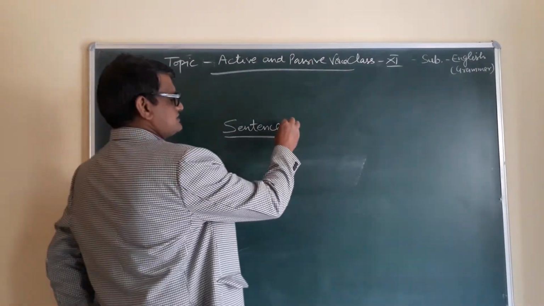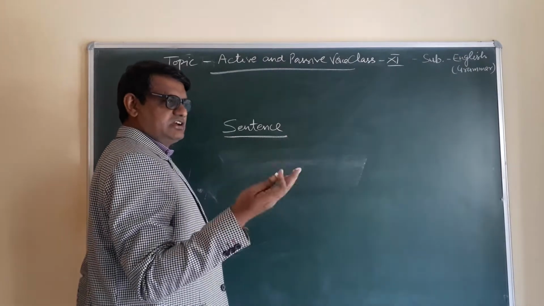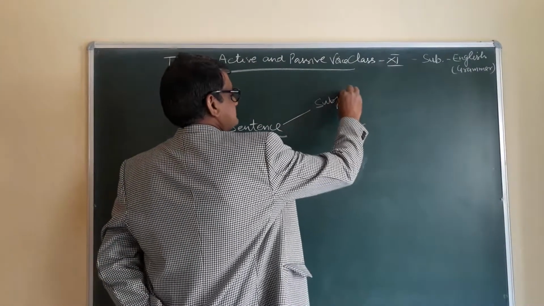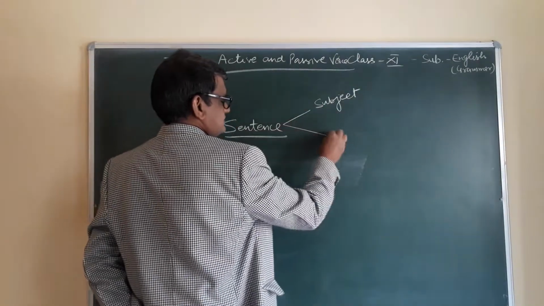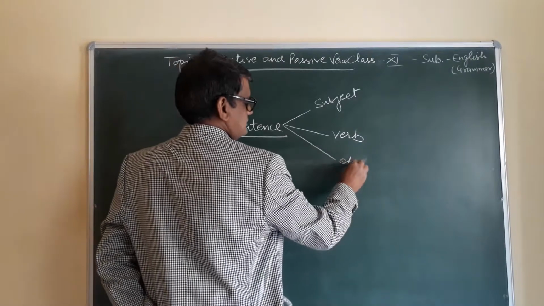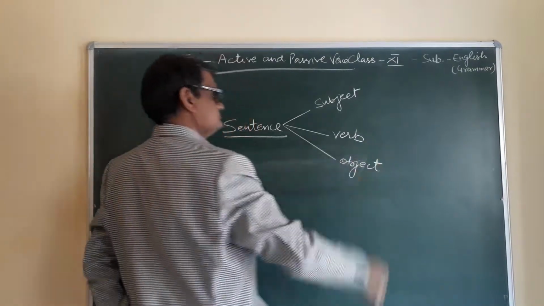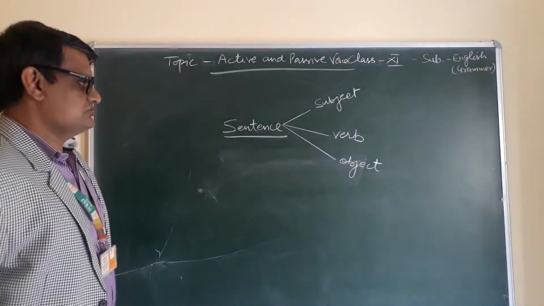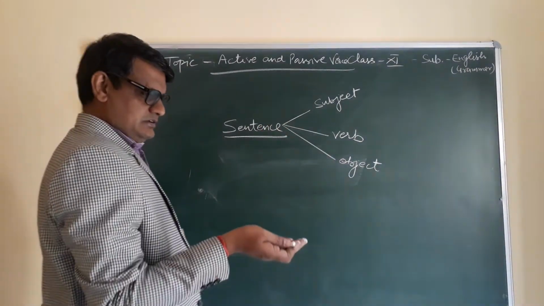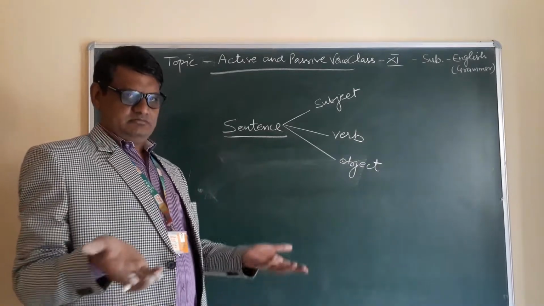And a sentence basically has three components. First is the subject, second is the verb, and third is the object. Subject is the doer of an action.